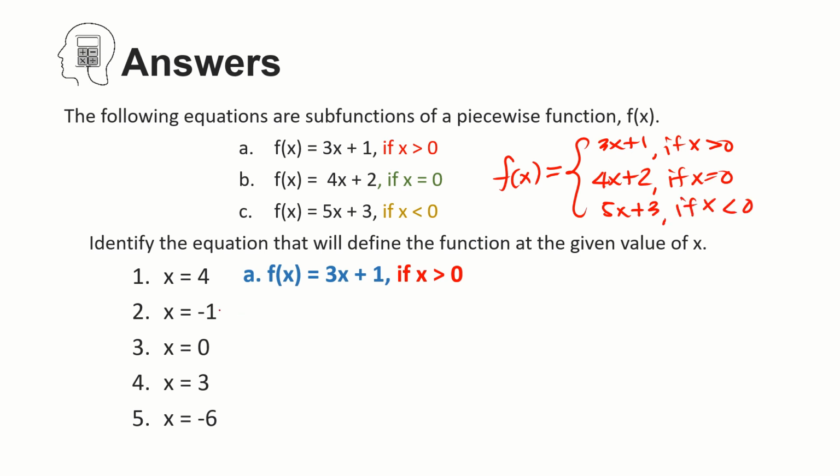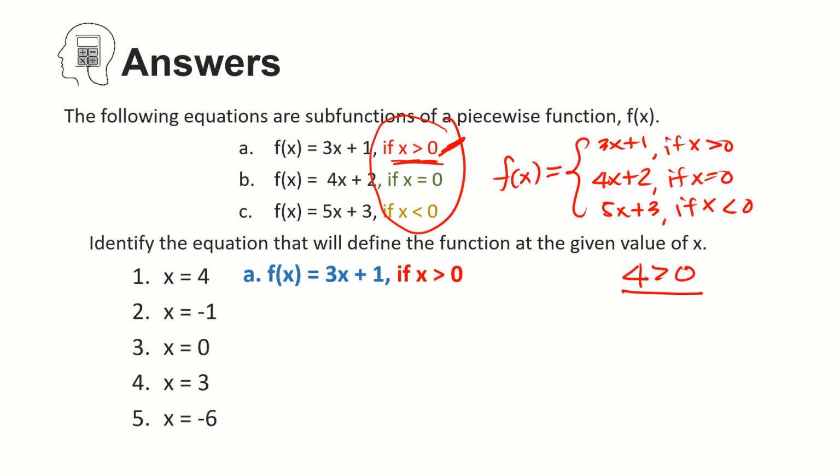For item number 1, the given value of x is equal to 4. We know that 4 is a value that is greater than 0. So if we compare it to the three conditions of our subfunctions, then we know that our given value of x is greater than 0. Thus, we use our first subfunction, f of x is equal to 3x plus 1, since our given value is greater than 0. So this is our condition.